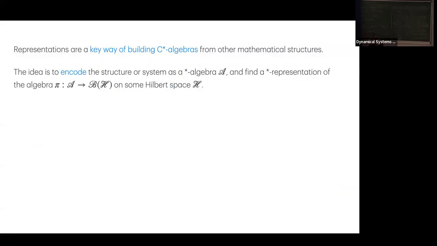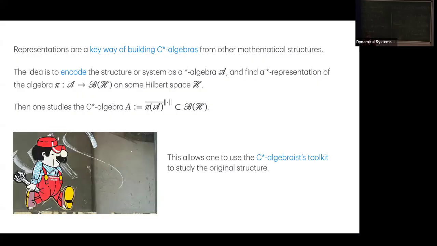So the idea is you encode your structure somehow as a star algebra, and then you want to find a map from the star algebra into some Hilbert space. And if it's a nice continuous map, then you can look at the closure of this inside the Hilbert space. This is a C-star algebra. And now we get a C-star algebraist's toolkit, which allows us to study whatever original structure, which in this case will mostly be coming from dynamical systems.